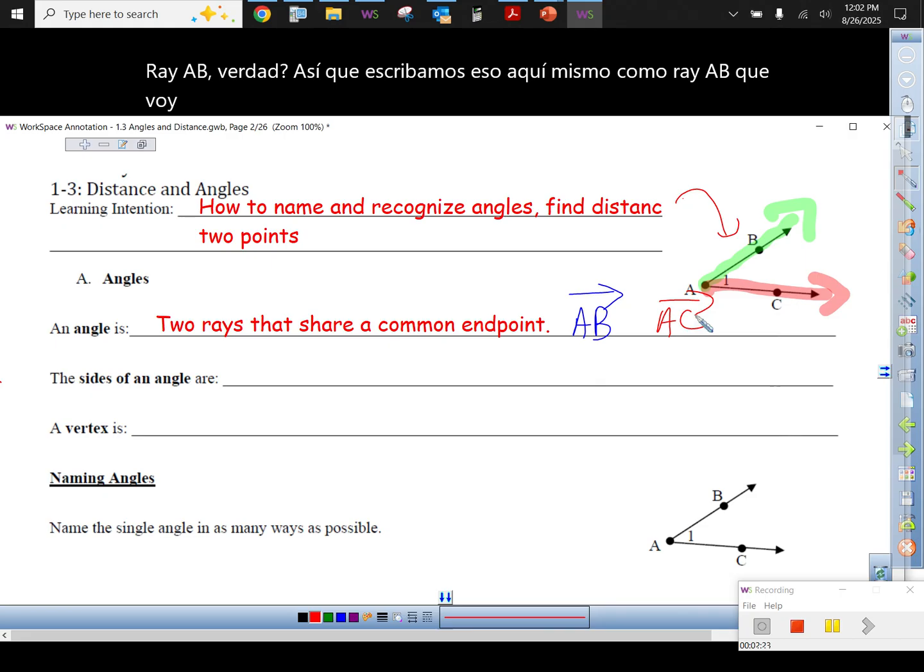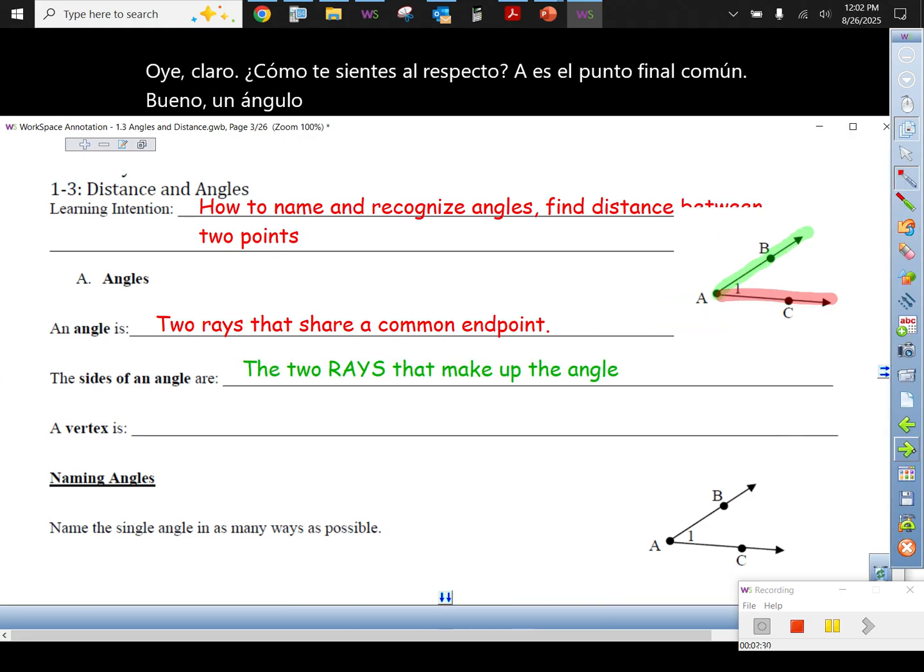Well, an angle is broken down into parts. The sides of the angle are the two rays that make up the angle. And you don't have to write this down twice. I only wrote it a couple of times because it disappeared from the last slide. So the two rays that make up the angle, we just talked about them, ray AB and ray AC.